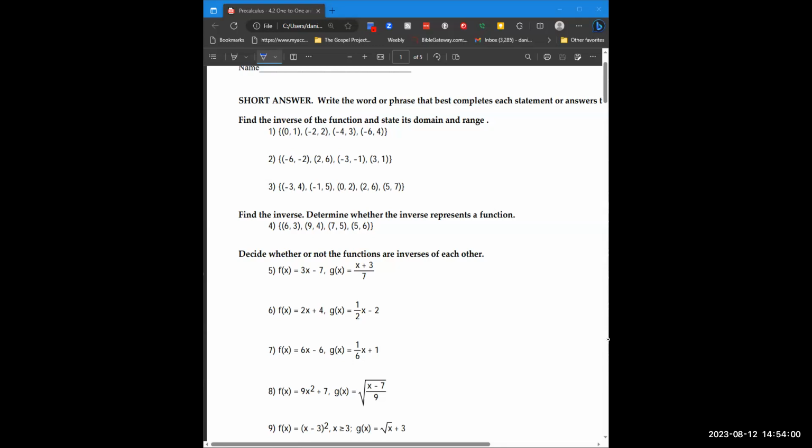X cubed would have also worked, because this horizontal line only touches 0, 0. However, not every cubic function is going to work, because if the cubic function goes like this and is more stretched out, then there are going to be some y values that have multiple x values.